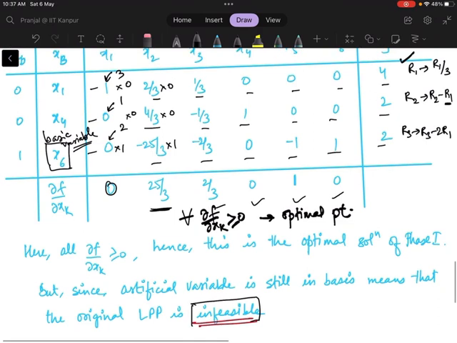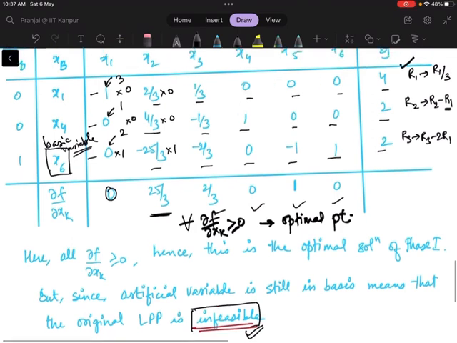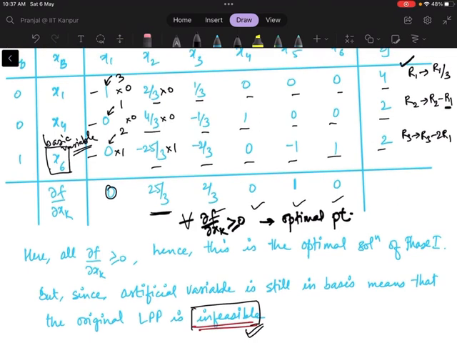So the given linear programming problem has to be infeasible. Okay, thank you.